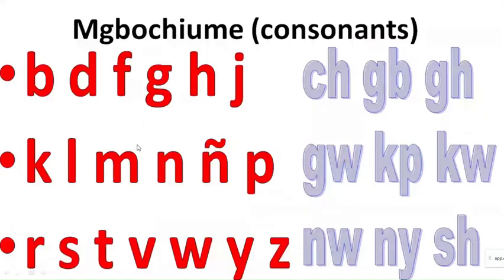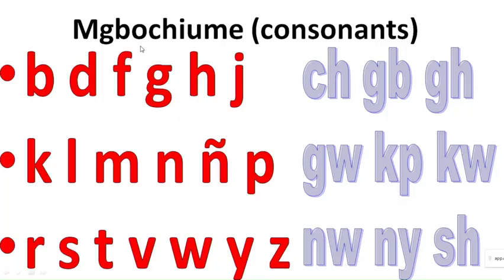Now we are going to learn the other side of Abidii Igbo. That's Mgbochi Ume. Mgbochi Ume means the consonants. You know, Abidii Igbo, there are 36 in number. So we have 8 vowel sounds and we have 28 consonants.